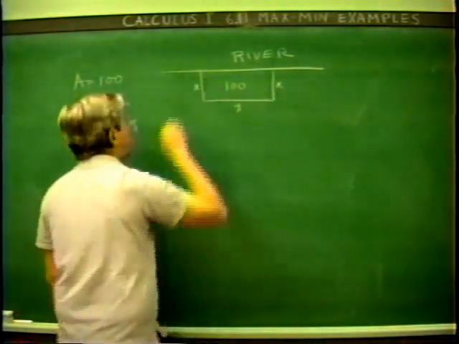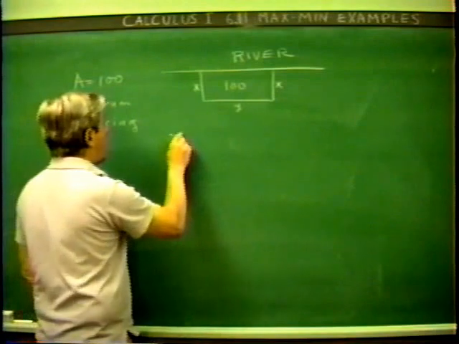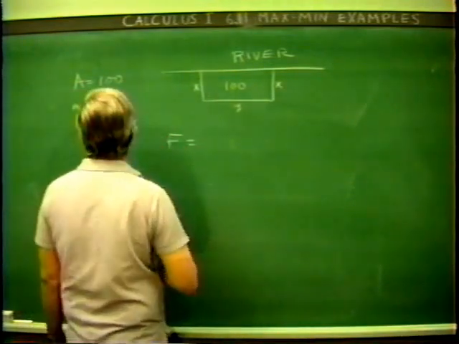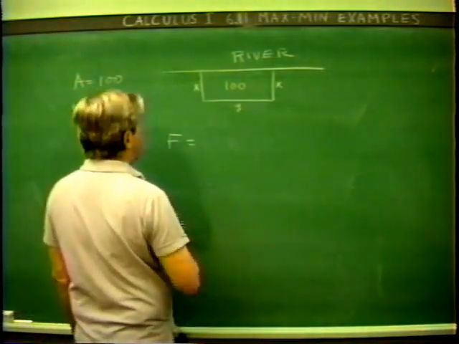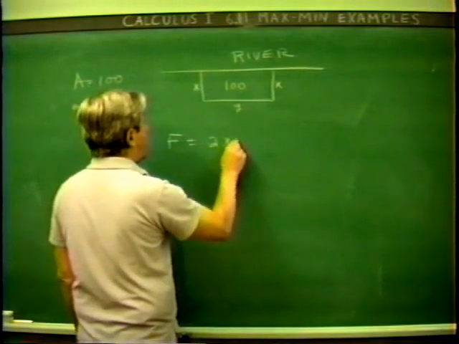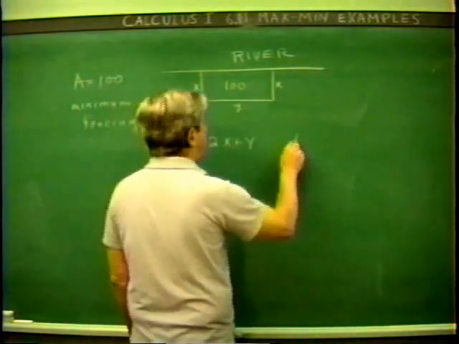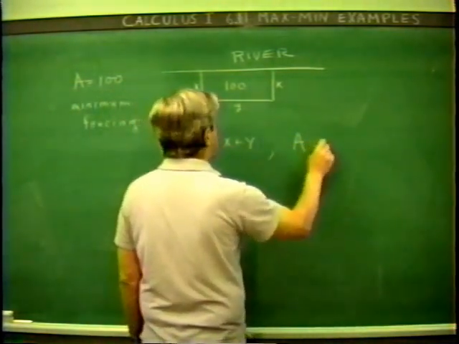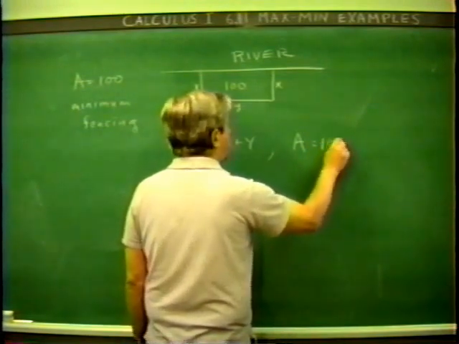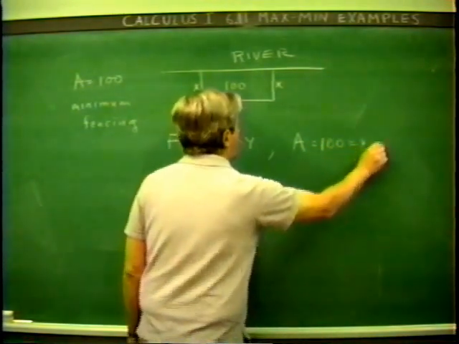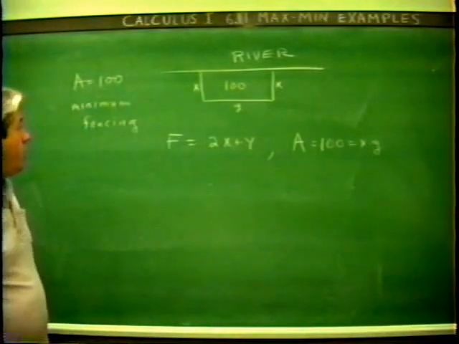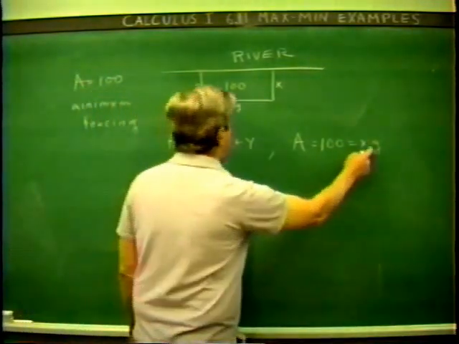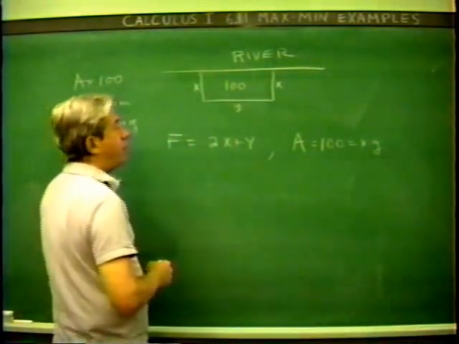And the question is, what dimension should he use for the fence? Well, if this is x, and this is y, and this is x, then the fence is equal to 2x plus y. And we know that the area is 100, which is x times y.